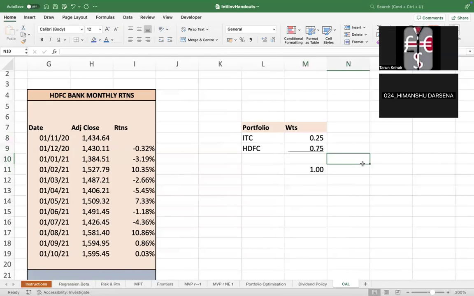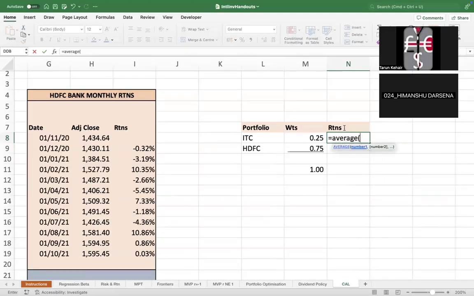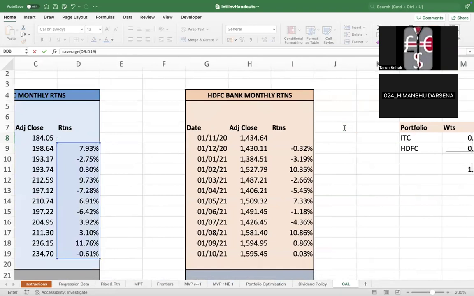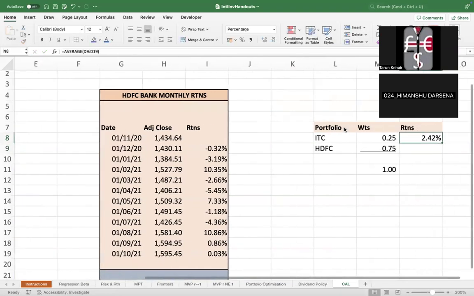Is that right? What is the returns for this portfolio? If I have to annualize the returns, what will be the annualized returns for ITC? I can take the average monthly returns here. This is your average monthly returns, right?